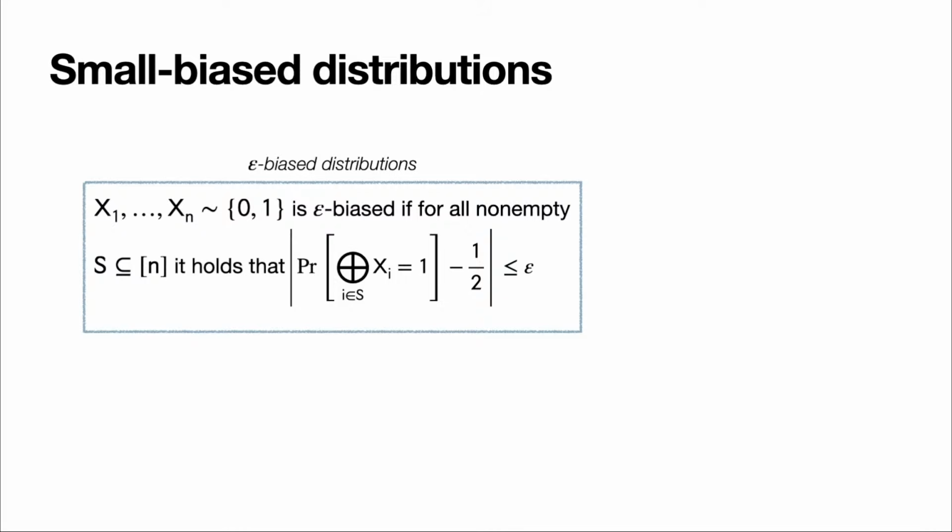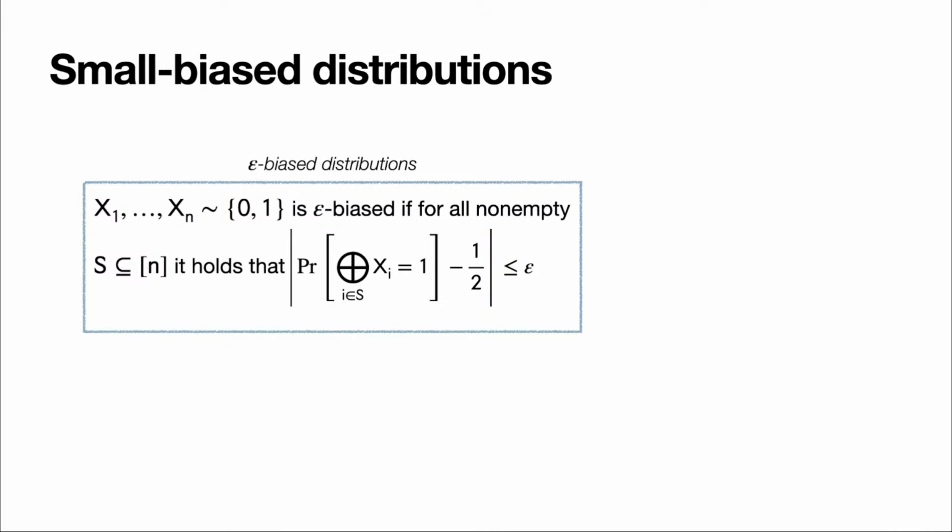Okay. What is that object? What we're after is a sequence of random variables, say over 0, 1, but it can be over any, say, abelian group even. We say this sequence is epsilon-biased if for all non-empty sets S, it holds that the parity of the xi's, where i is in S, is balanced up to some epsilon.